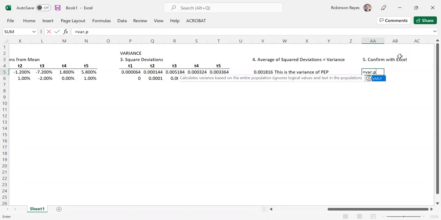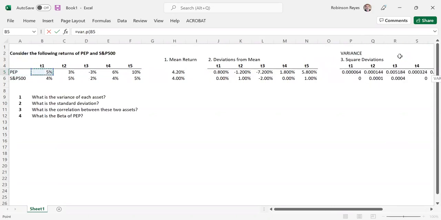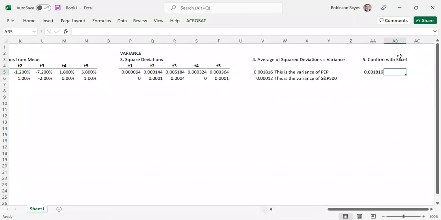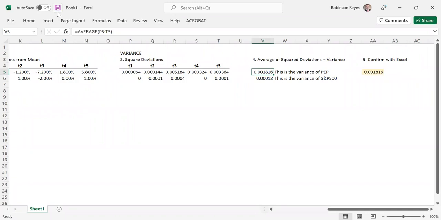So rather than taking all of these steps, you can directly use this command. It is good that we have followed all of these steps because now you know exactly what Excel is doing, but you can simply select the returns and you will see that these numbers are the same, right? So we have the same number here as we have here.